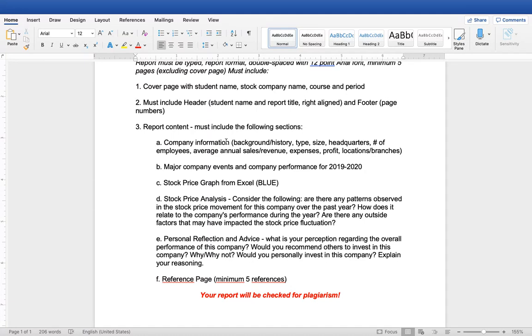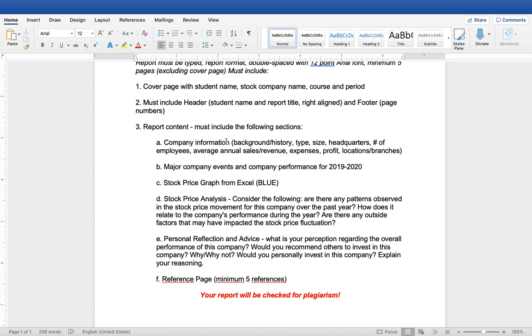So in this section, you're going to provide information about the company that you've been tracking, the background, the history of the company, when was it founded, where is it headquartered, what type of company is it, what industry does the company specialize in, what are some of the major products they produce or sell, or services they provide.